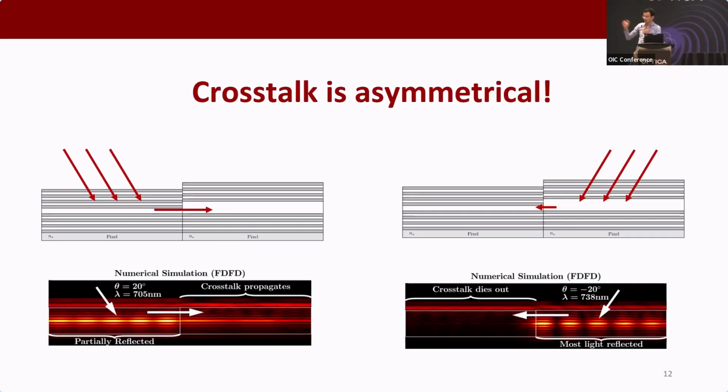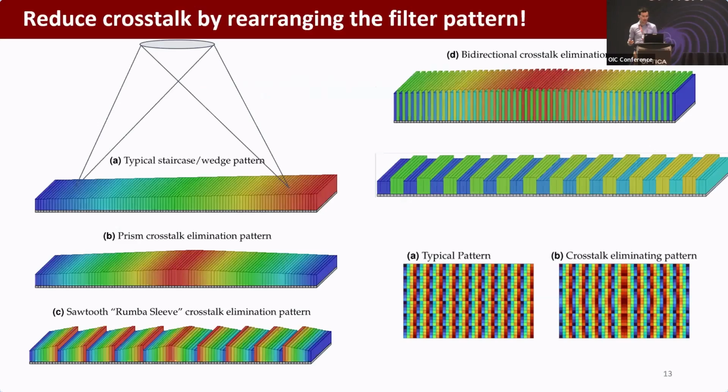It's almost zero. So there's an asymmetry, and that's something you can exploit. For example, if you have an image sensor and can freely pattern the filters on top of it, you pattern them depending on the optics of your system, always according to the incidence angle, to minimize the amount of crosstalk that can occur.